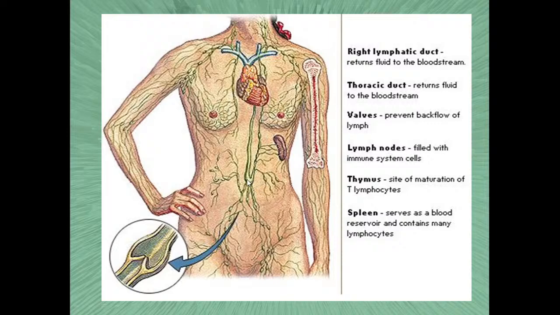Finally, lymphatic trunks empty into the lymphatic ducts, and lymphatic ducts return fluid back to the venous system. That's why we talk about the lymphatic system as a component of the vascular system, because it also consists of vessels.